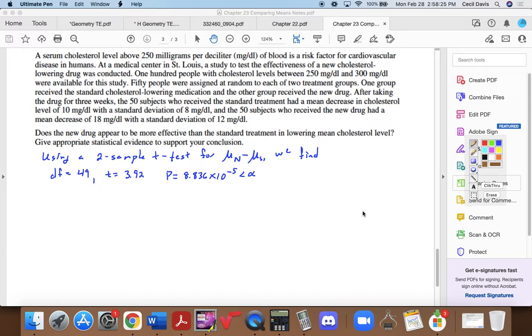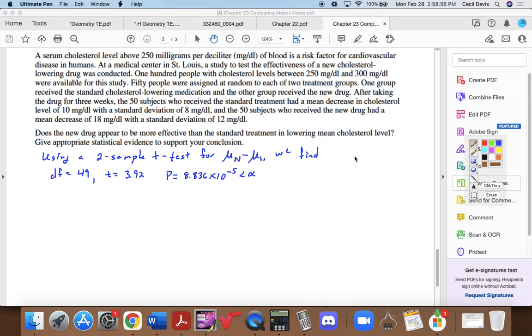So can I get anyone to corroborate my numbers? My p was 1.76 times 10 to the negative 4. Did you have a t-value of 3.92? Yes, but negative. My degrees of freedom is different, so I don't know.